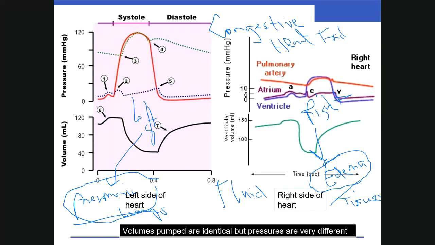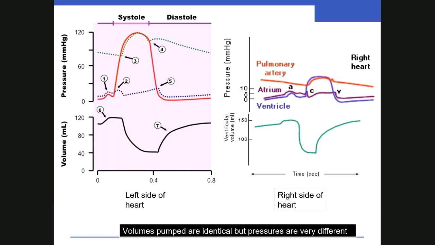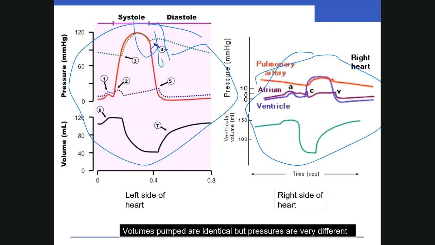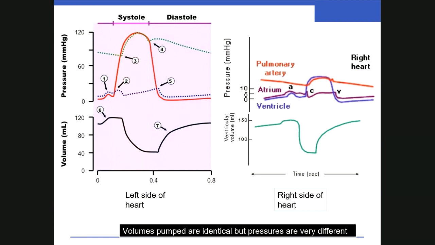Any questions about the Wiggers diagram for either the left side or the right side? Once you learn it over here, you should be able to just interpret it over here because it's not any different. It's just the lines are lower. But just like we have left atrium over here, we have right atrium over here.